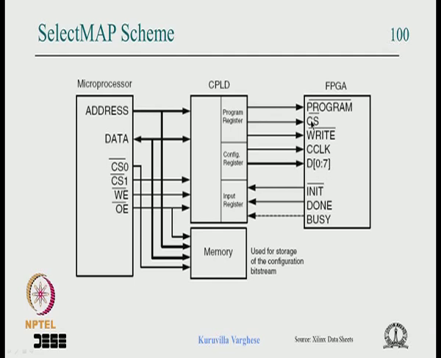You have the program, chip select, write, clock and data. This is a synchronous bus, init, done, busy and all that. Okay, now the issue with such a bus is that most processor buses are sometimes not synchronous, like the microcontroller bus may not be synchronous. So you may have to translate the bus protocol of the processor to this synchronous protocol.